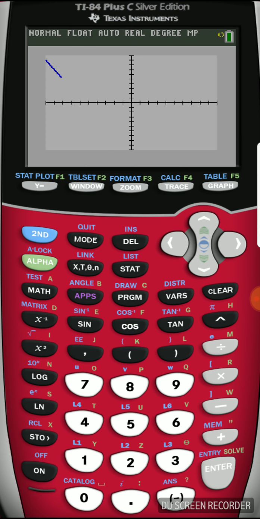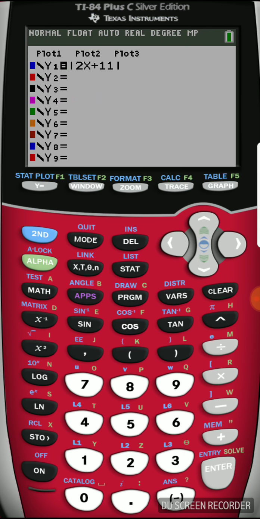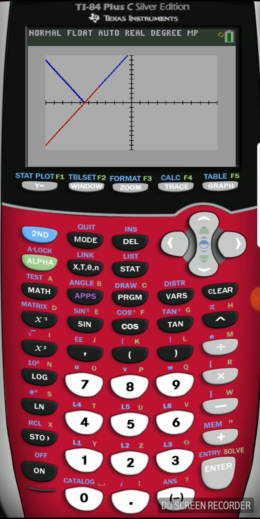If we graph that, it's going to go down and then straight back up again. That's a tell of absolute value functions. I just want to show you something quick here: what just normally 2x plus 11 would look like, not the absolute value. So if we put 2x plus 11 in the same graph, that's that red line there.